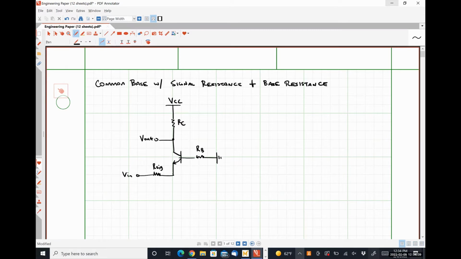Okay. So obviously, the input resistance that we're looking for is what we see looking into the input terminal, right? Now, I'm going to call this quantity Rin prime, which is looking directly through the emitter terminal. Okay, so do we have a configuration that we've seen before that looks something like this?